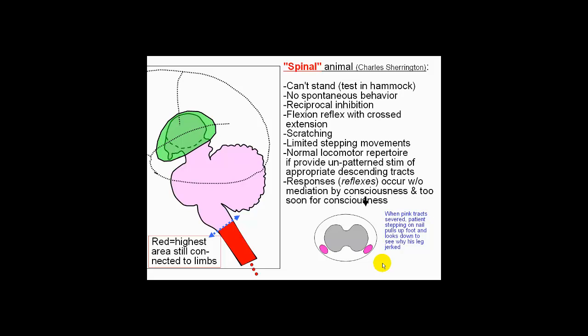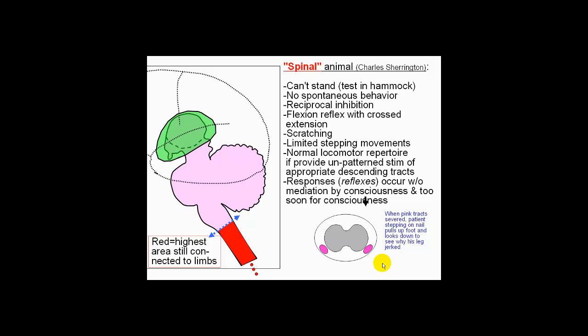There are certain classical cuts or removals that they made. I'm not going to talk about all of them, but I'm going to talk about some of them. So the first one they made was to make a cut at the top of the spinal cord, or sometimes in the middle of the spinal cord, and study the parts of the body that were controlled by the part below the cut.